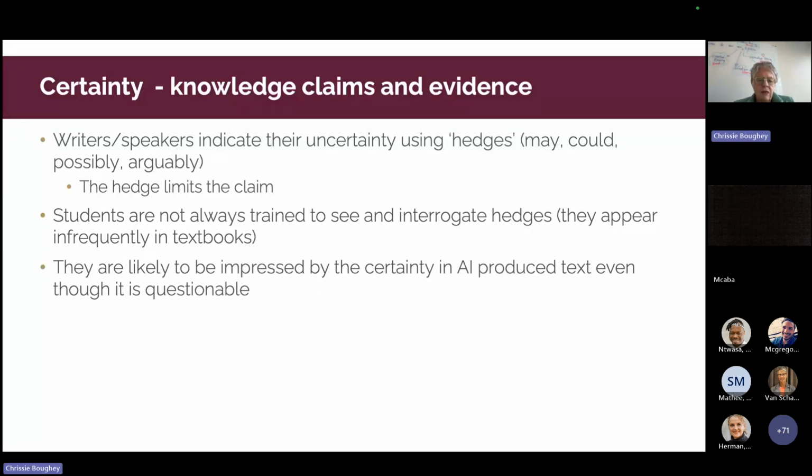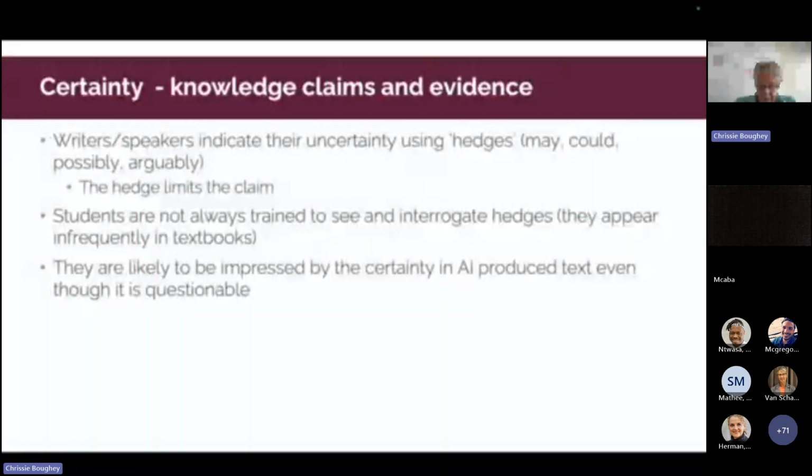But our students don't see it like that because they've been trained using textbooks. And so what's likely to happen is the students are likely to be impressed by the certainty in AI-produced text, even though it is in fact questionable. If you went back to the original texts, then you'd see that it's much more open to interrogation.